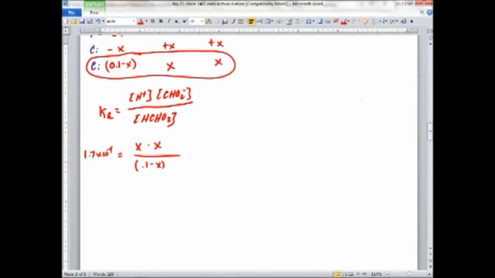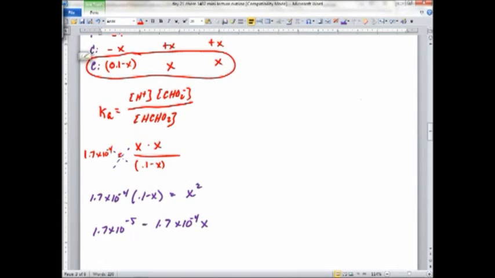So let's see here. All right, you're talking about this thing, right? So multiply through the 1.7. Well, let's just write it out so that no one's confused here. Right? Times the 0.1 minus x. That whole thing has to be x squared. So 1.7 times 10 to the negative 4 times 0.1 is 1.7 times 10 to the negative 5. And then minus x, so multiply it by that.